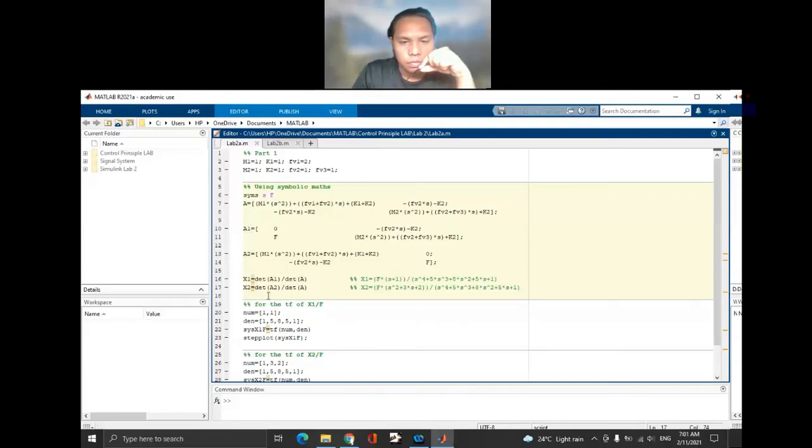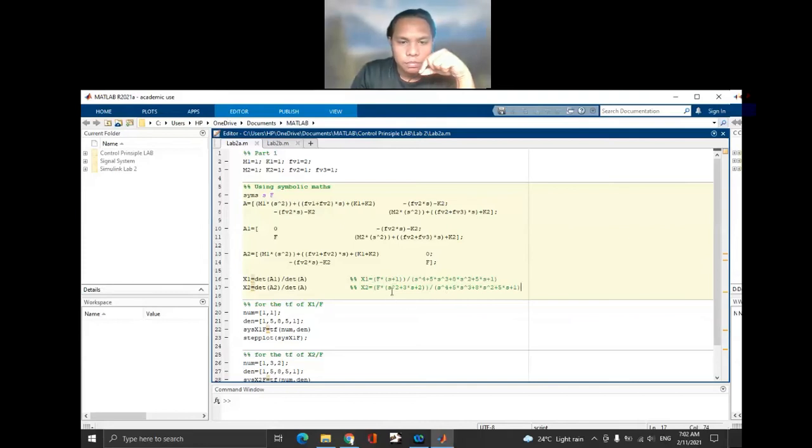After that, we find the output signals x1 and x2 using determinants. For the first signal, x1 equals determinant A1 divided by determinant A, and for the second, x2 equals determinant A2 divided by determinant A. This is the result for the output signals using the determinants.